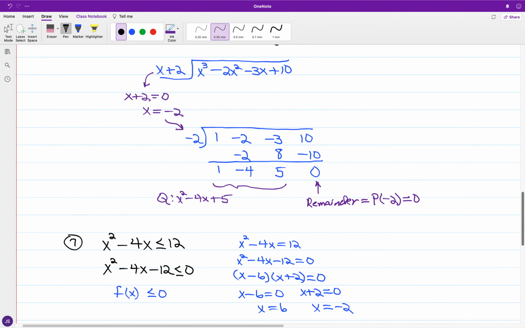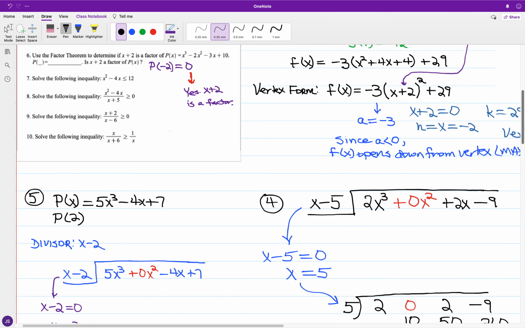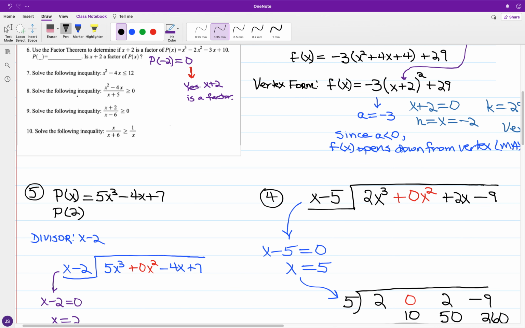And for rational inequalities, here we have one that is set up in terms of comparison to 0, where x squared minus 4x over x plus 5 is greater than or equal to 0.